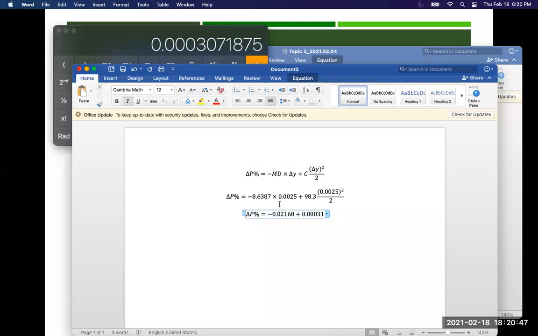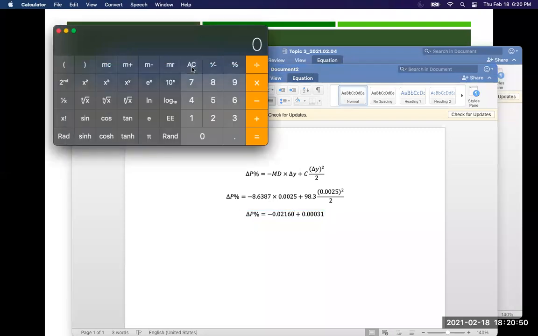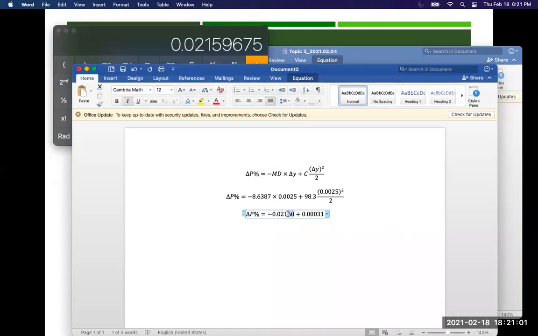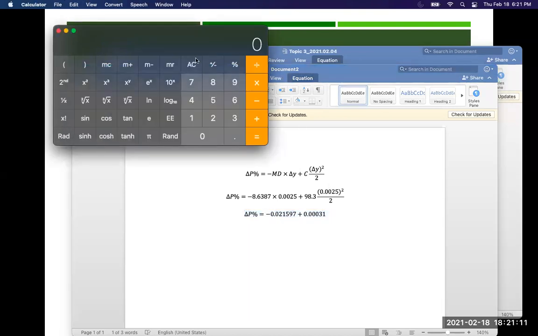I guess to be fair, 8.6387 times 597. Keep the same number of significant digits. I'll do it again with one less significant digit to see what that would be. 0.021597 negative plus 0.00031.